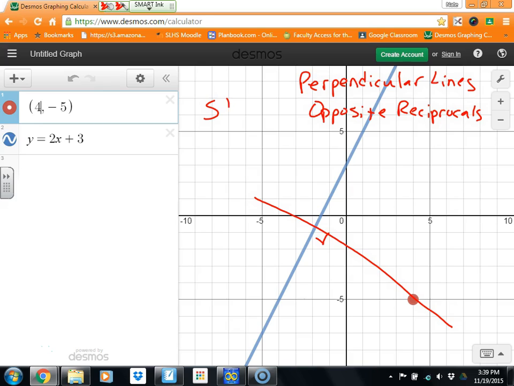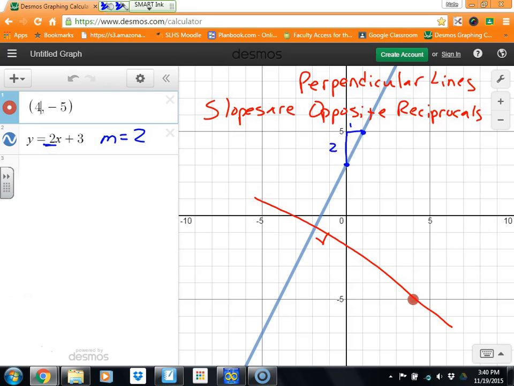So if the slopes are opposite reciprocals, we can take a look on a graph and see what's going on. So the slope of the original line is 2. That's the coefficient of x. And I can see on the graph going up 2 over 1.